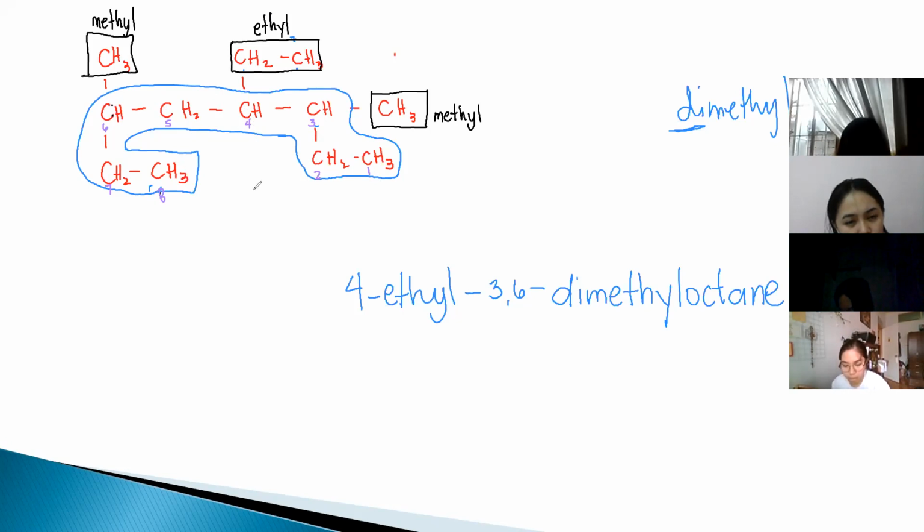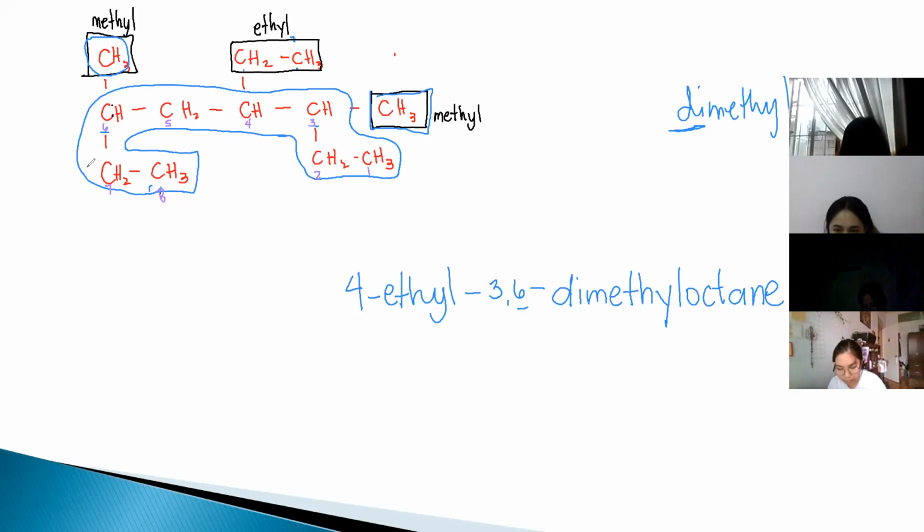Saan galing ang 6? Ito, 3, 6. Ito yan siya. This methyl here. This substituent here is bonded to carbon number 6. Kaya siya 3, 6. Ito namang 3, galing ito dito. This substituent here is bonded to carbon number 3 on the parent chain.